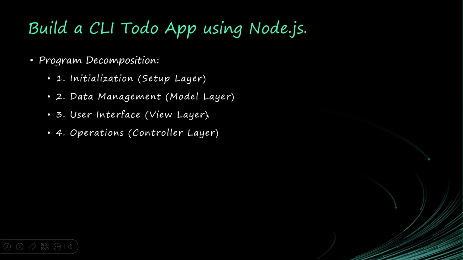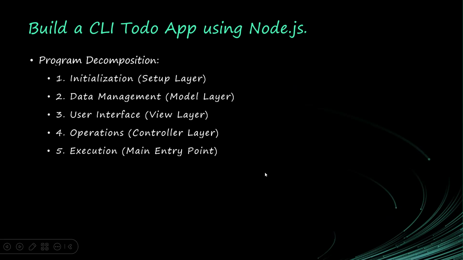This is like the MVC, model view controller architecture. The model is the data management layer, the view is what the user would see, and then the controller. Don't worry, as we keep going you get to understand more of this, and if you take a course on software engineering, you will understand most of this architecture.